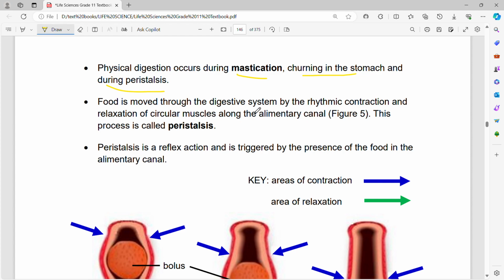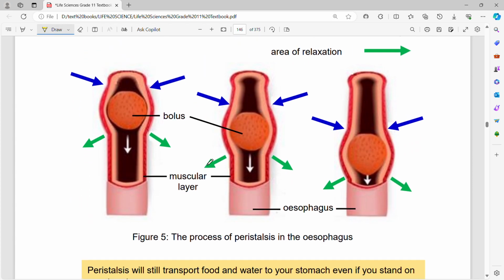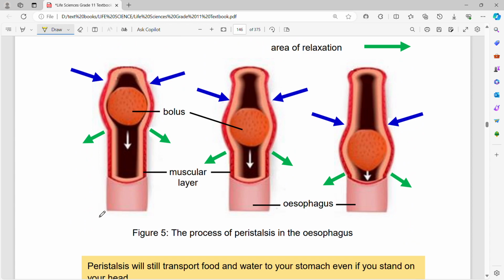Food is moved through the digestive system by rhythmic contraction and relaxation of circular muscles along the alimentary canal. This process is called peristalsis. We already discussed this. Peristalsis is a reflex action and it is triggered by the presence of food in the alimentary canal. So here you can see your esophagus.